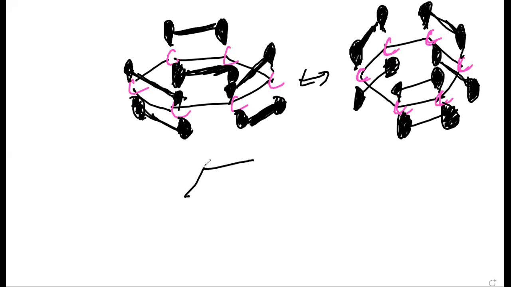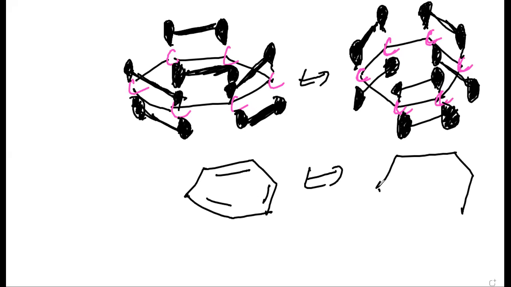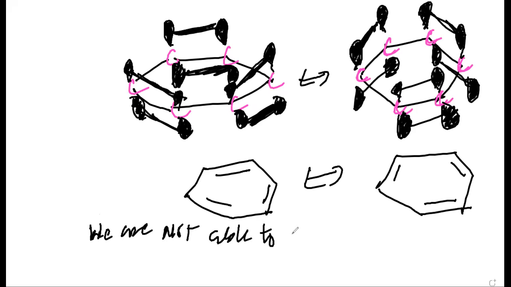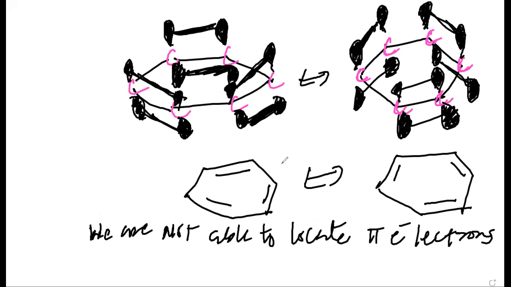So if we represent the double bond here, in this case the double bond is present in this manner. But if you look at the other structure, you will realize that the position of the double bond has been changed. So my dear students, we are not able to locate the pi electrons, and this is what are known as the resonance structures.